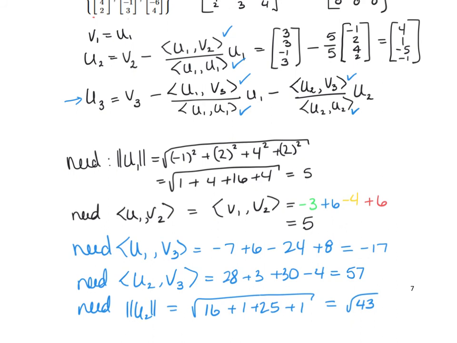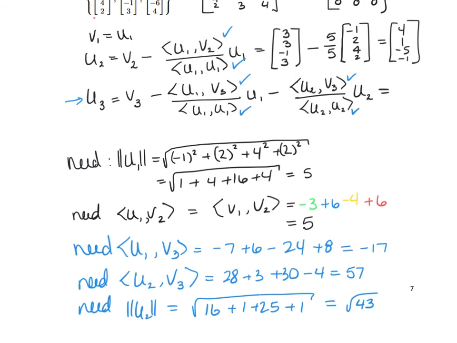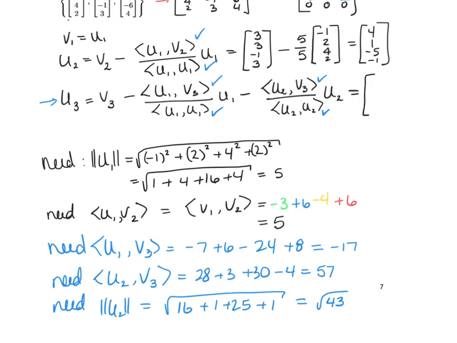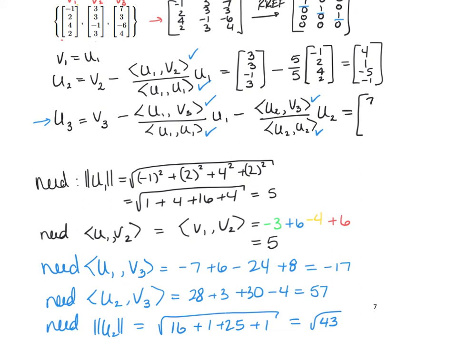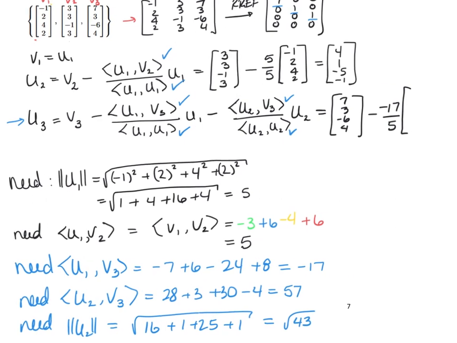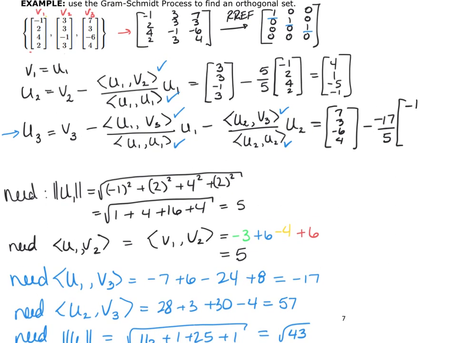All right. Now that I've got all the pieces in place, this is going to be equal to my third vector in my original set, which is 7, 3, negative 6, and 4, minus the inner product of u1, v3. u1, v3 was negative 17. So minus a negative 17 over u1 with itself, the inner product with itself. We know that's 5. That gets multiplied by my u1, which is still my first vector: negative 1, 2, 4, and 2.